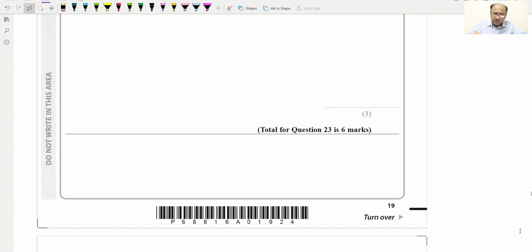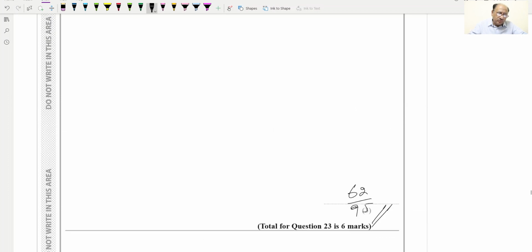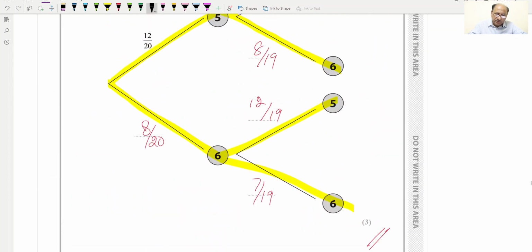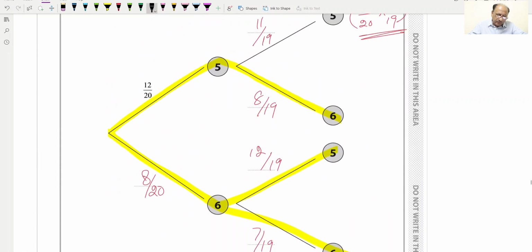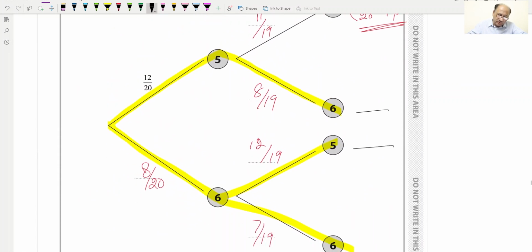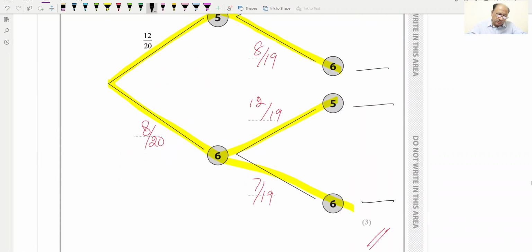This is basically a 3 marks question which we have done. The second, lengthier route is that you can calculate these probabilities over here and add those 3 probabilities.